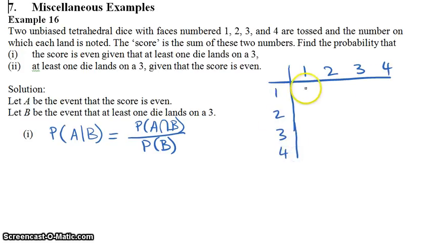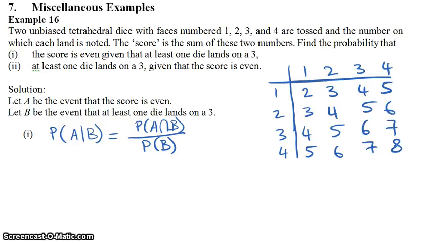So if we look at the scores here, the score would be 2, 3, 4, 5, and so on. So I'll leave you to fill this in. So after you've filled this in, what can you see? What is the chance that I have an even score and at least one of the dice lands on a 3? Well, I can have this one, or this one, right?